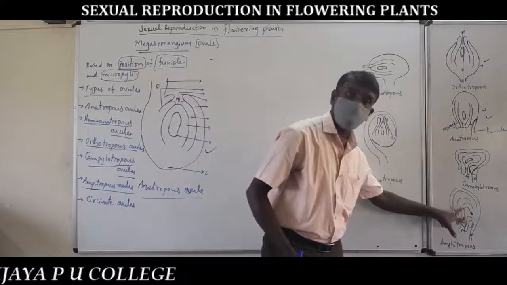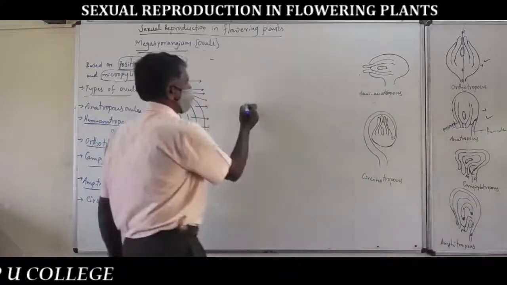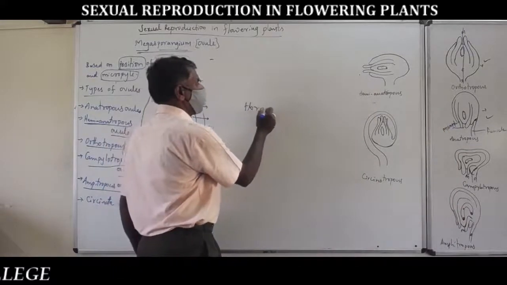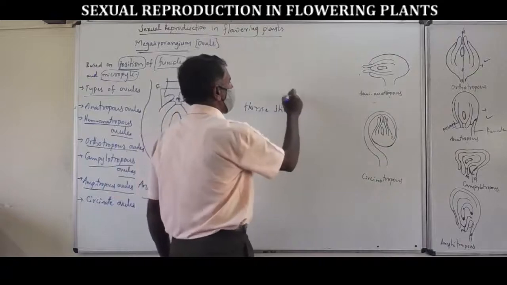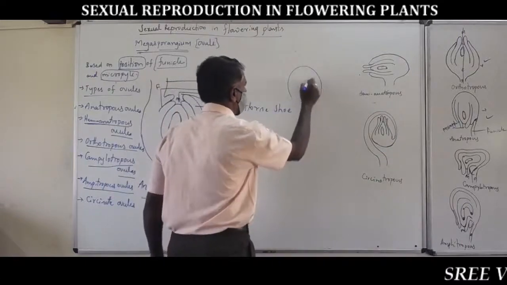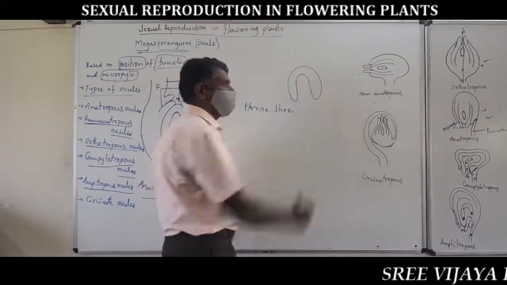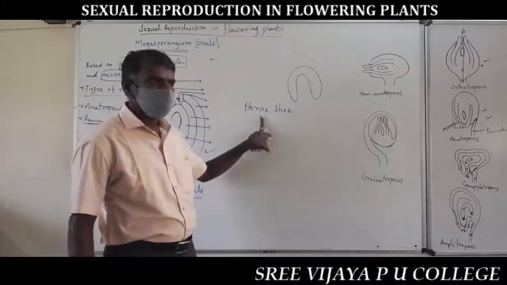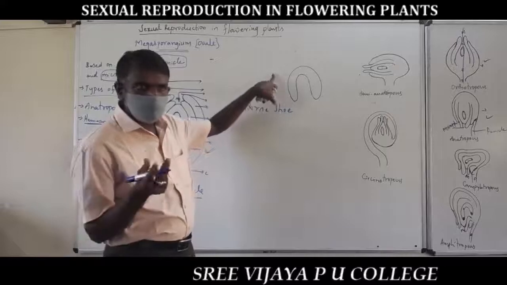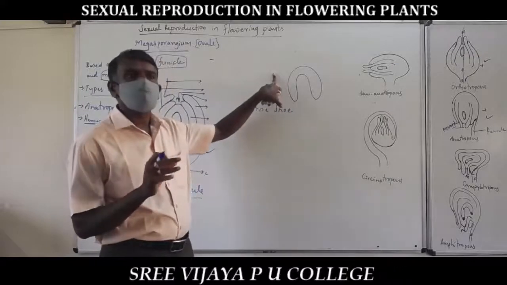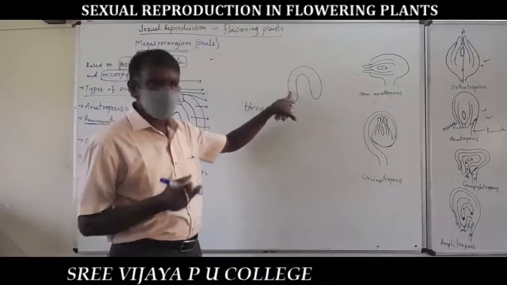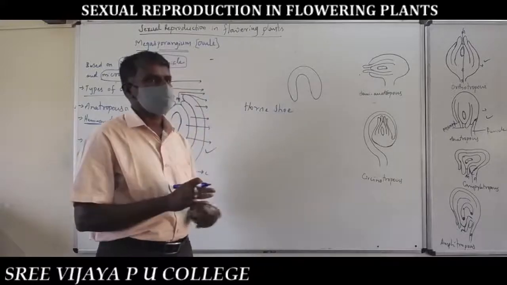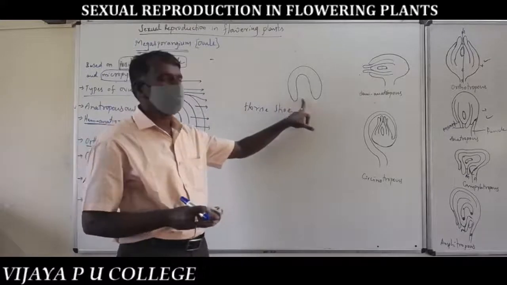Here the embryo sac is also horseshoe shaped. When the body of the ovule is curved, the embryo sac also curves like a horseshoe.